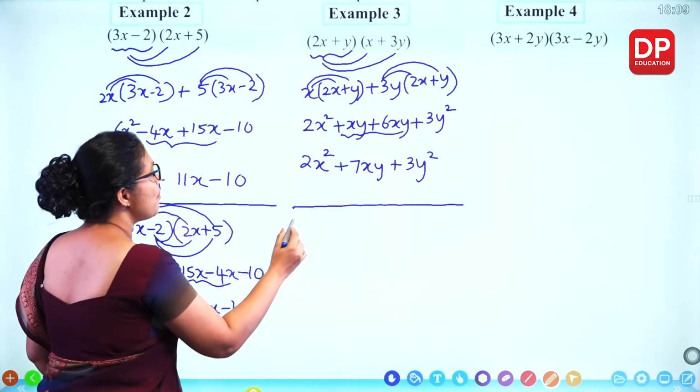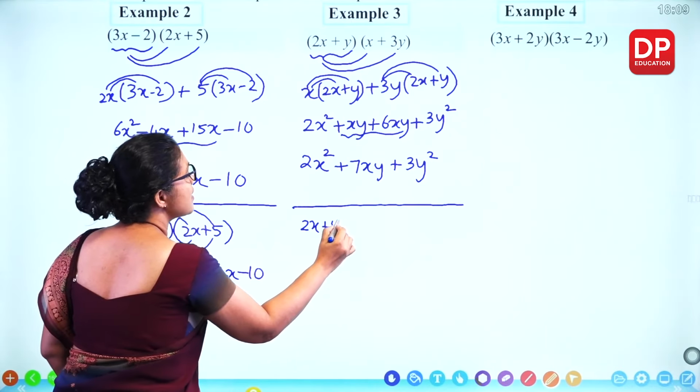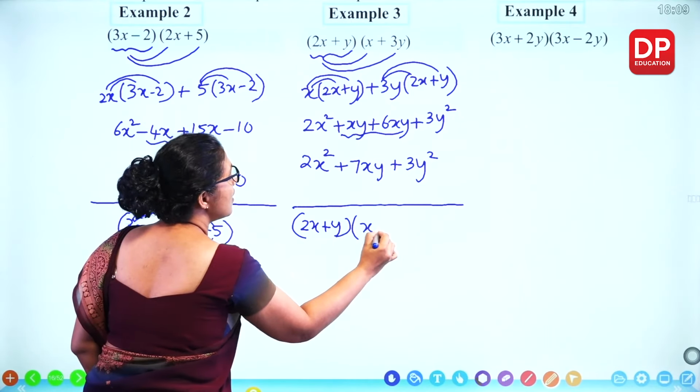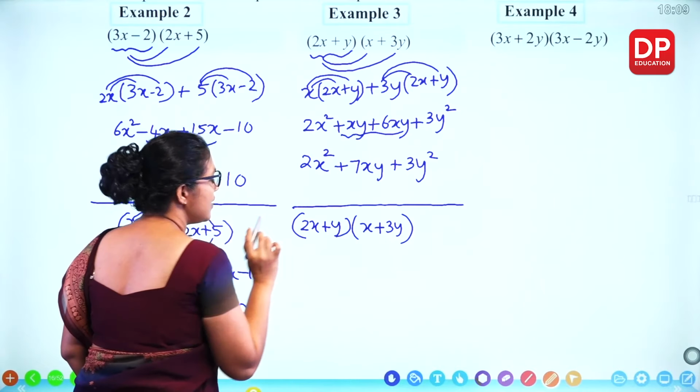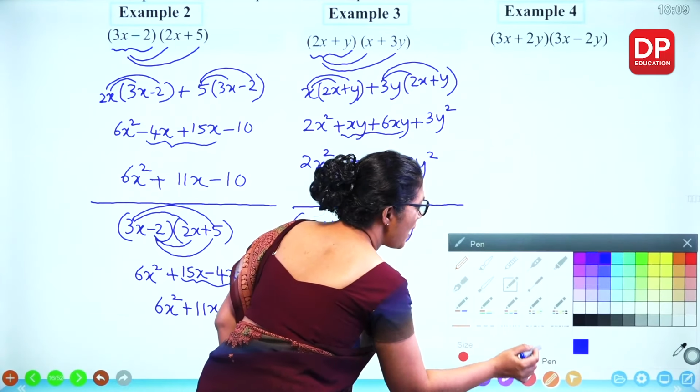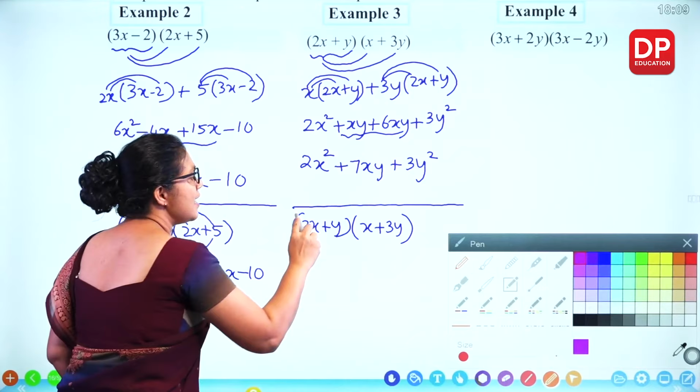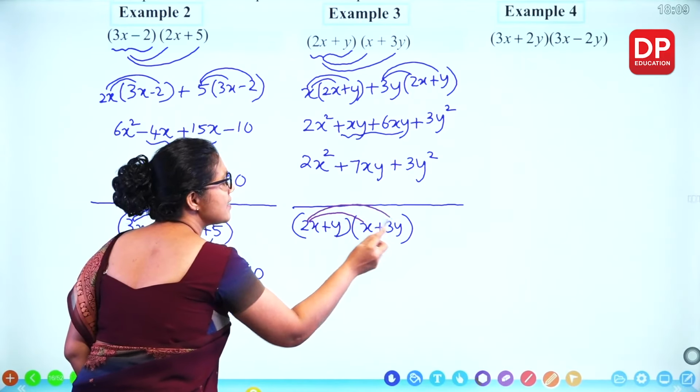How do you use the rainbow method? You write the same question, and when you practice this method, it's really easy. You can straight away get the answer.